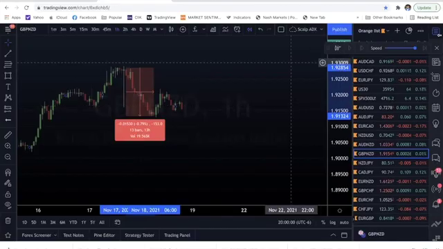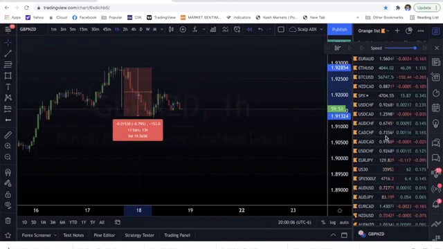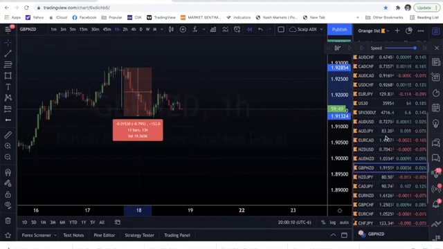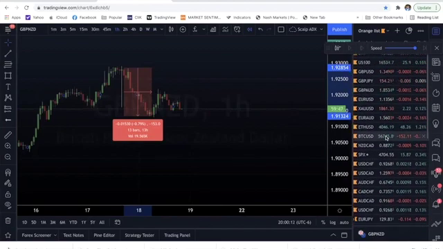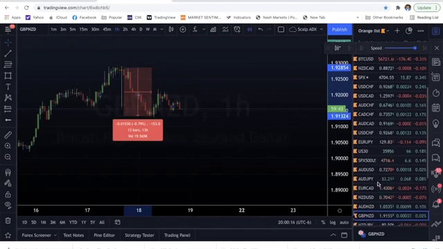AUD/JPY to see what it looked like. Let me find it. Ooh, if it was a snake, it would bite me. Okay, it's right here.